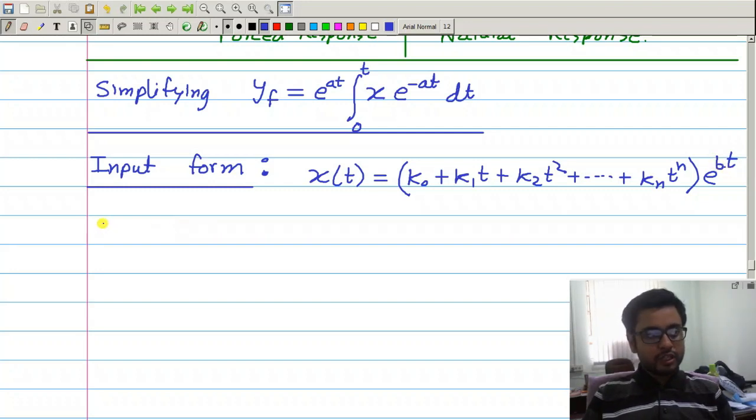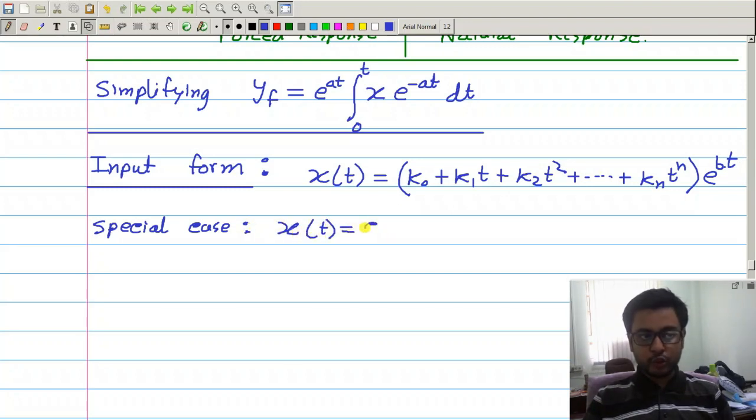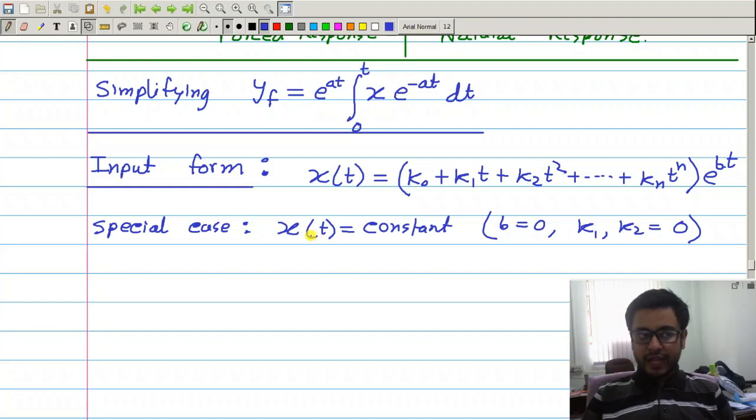Okay, so you can then consider some special cases of this form. You can consider x(t) equal to pure constant. That means b is equal to 0 here, and then k1, k2, they are also 0. Only k0 is present. So input being constant will be a special case of this general form of input that we are considering.